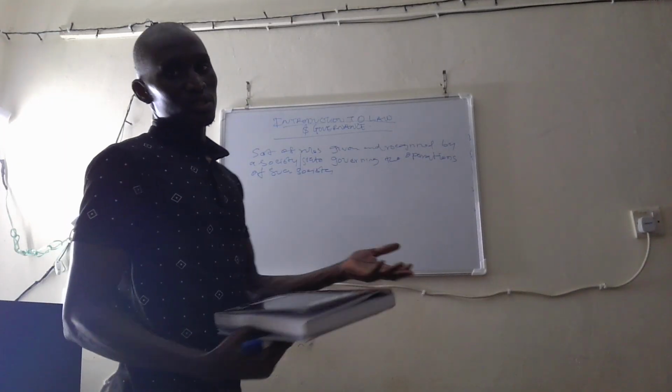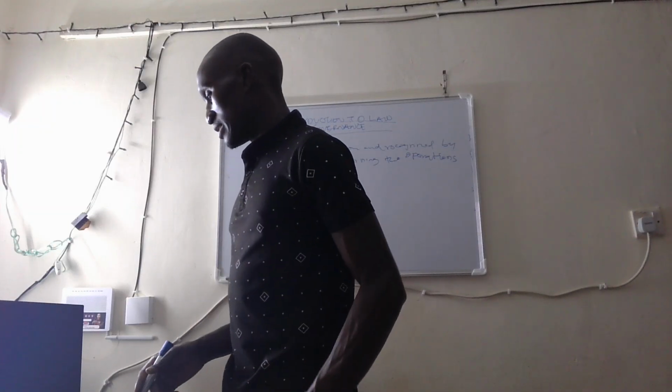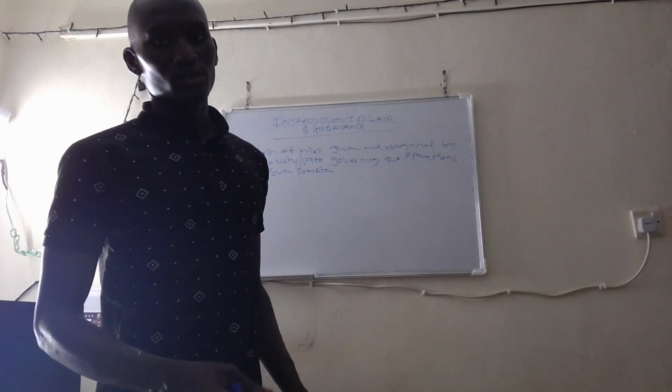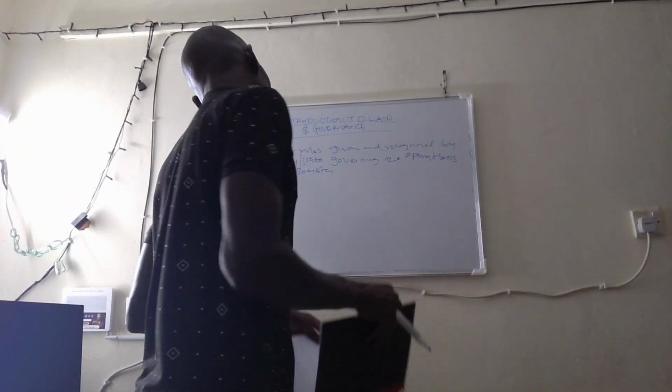Law is a set of rules that governs operation of a particular society. It's a set of rules that govern the operation of a society. And that is a clear definition.